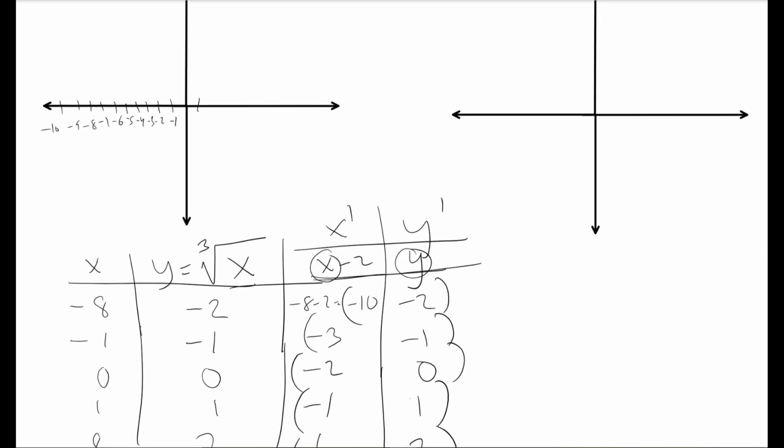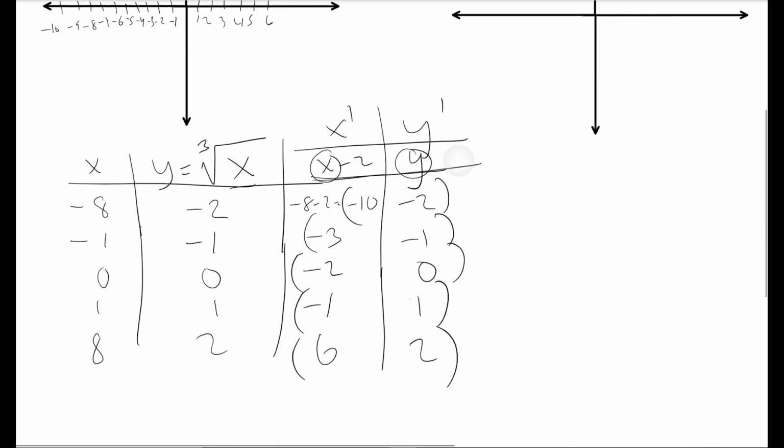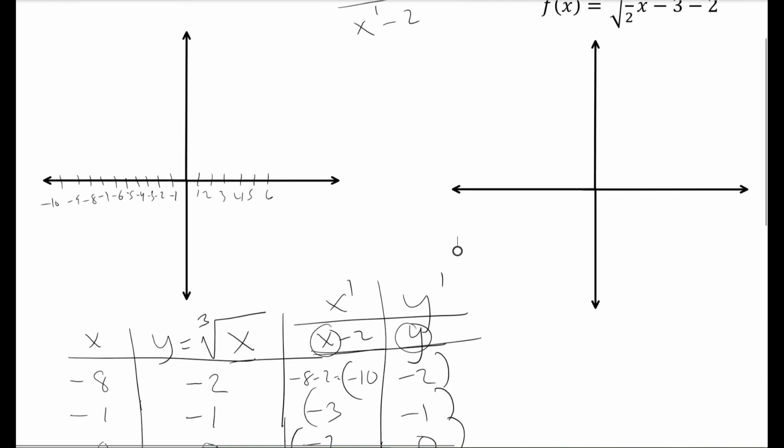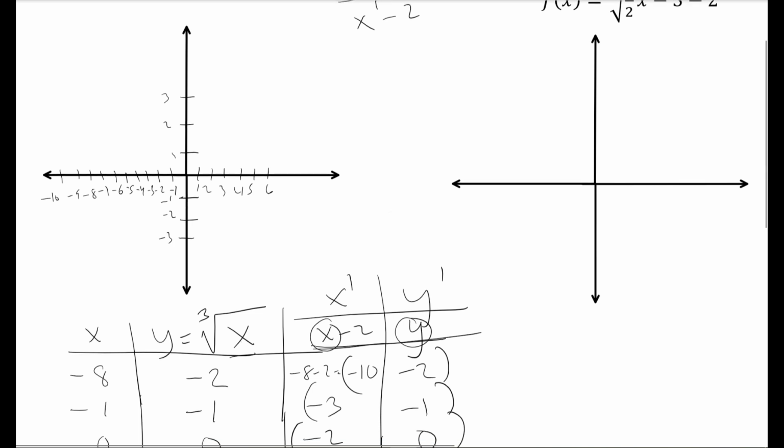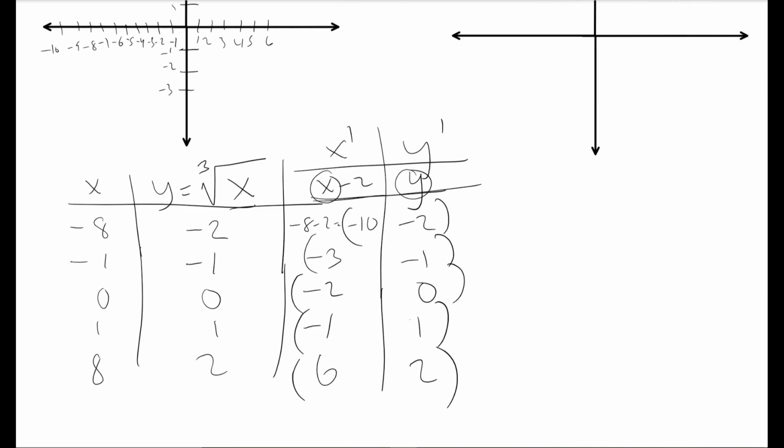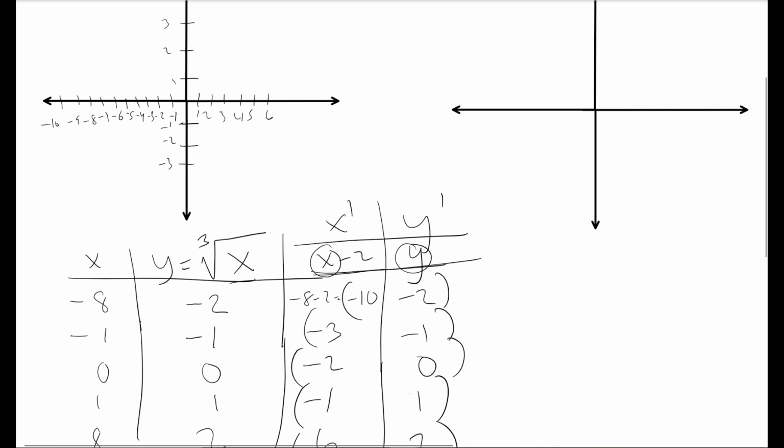We got a positive x, a positive 6, so we'll do that there as well. And then we got some negative y values and some positive ones. So let's stretch those out a little bit. 1, 2, 3. 1, 2, 3. All right, so let's go ahead and graph this. So we got -10, -2 over here somewhere.